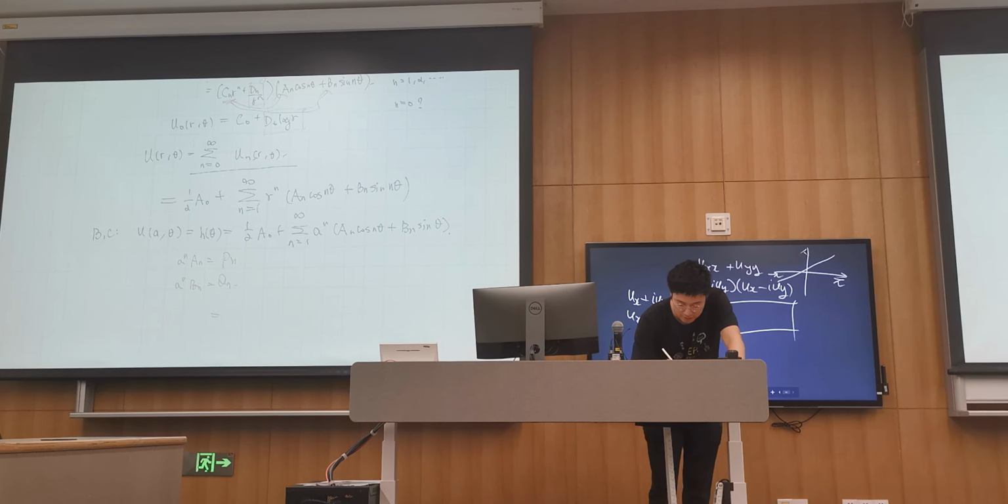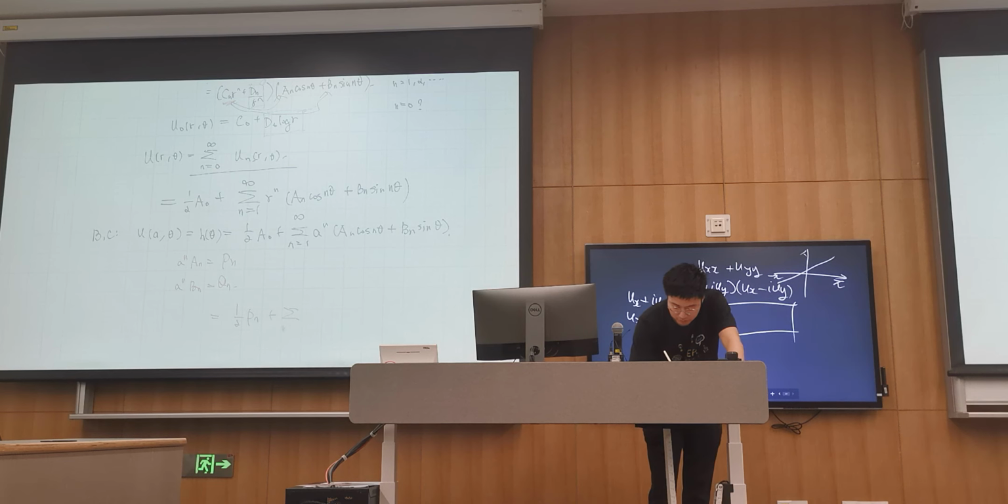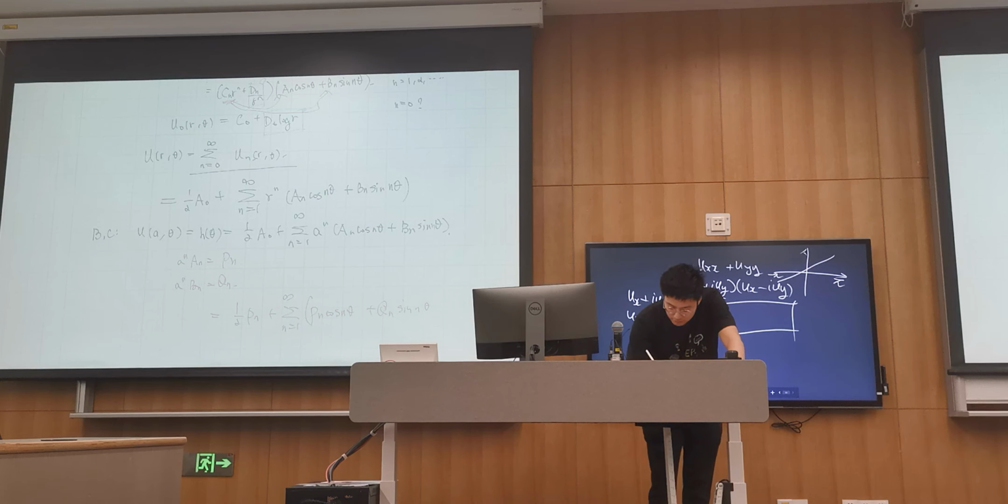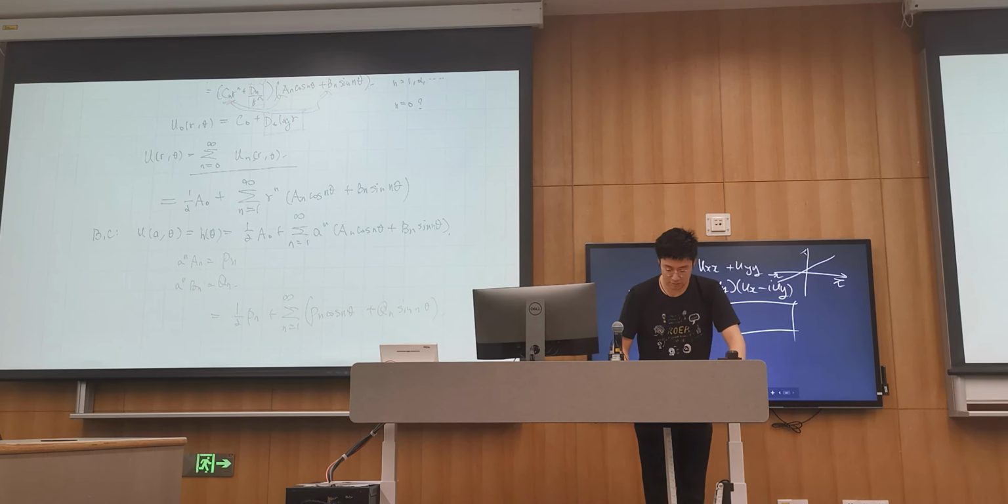Now this becomes something like 1 over 2 P0 plus the sum from n equals 1 to infinity of Pn cosine n theta plus Qn sine n theta. Sorry, P0, yes, the first one is P0.